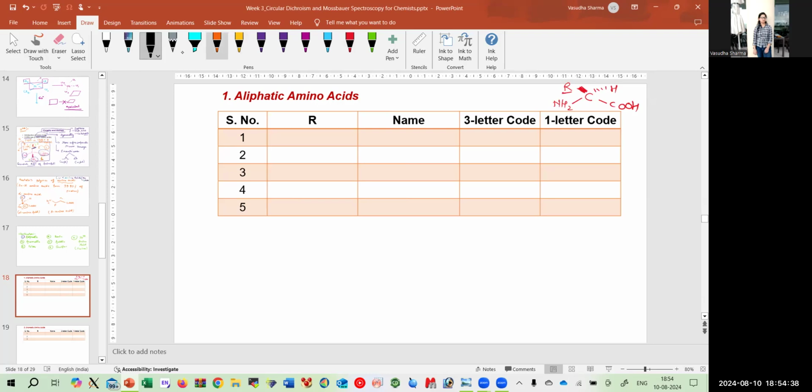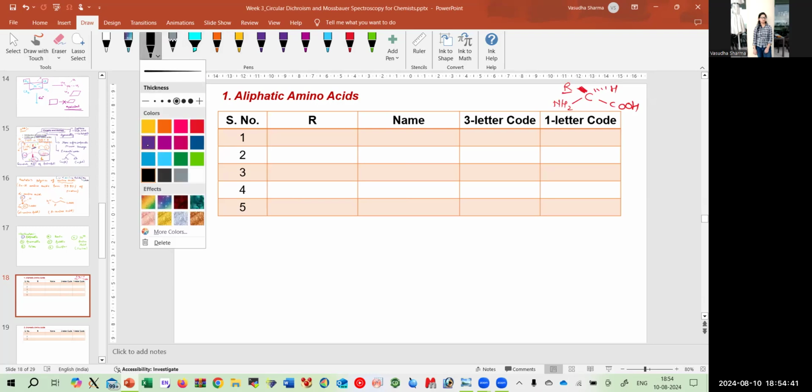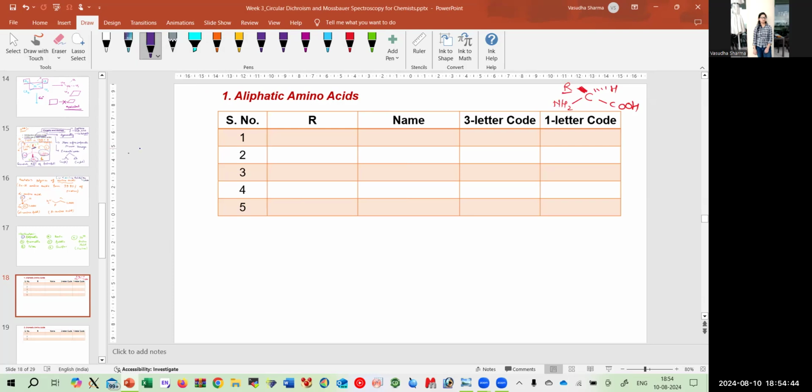So the first type we have is if R is equal to H, then the name is glycine, and the three-letter code is GLY, and the one-letter code is G. If R is CH3, then it is alanine, three-letter code ALA, and A is the one-letter code.